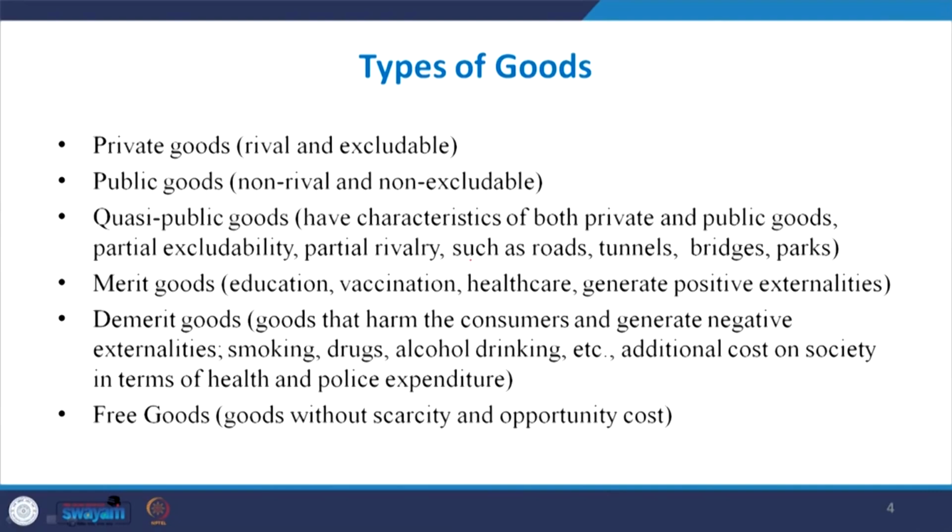First is private goods. Private goods are rival and excludable. Rival means that if you consume some quantity of a product, the same quantity cannot be made available for others to consume. So, the product is rival.